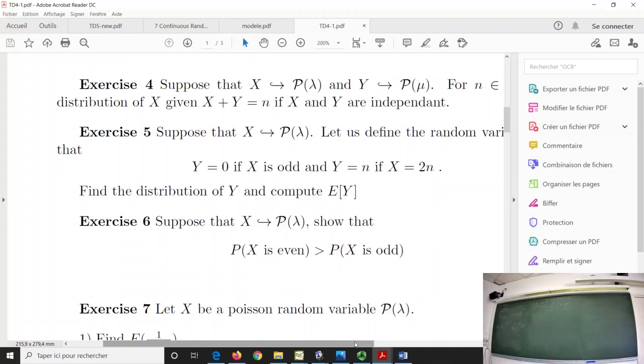So this is the event X is even. And this is true for any kind of discrete random variable. In the same way, to be odd, it's the same thing, X equal to 1 or X equal to 3, and so on.